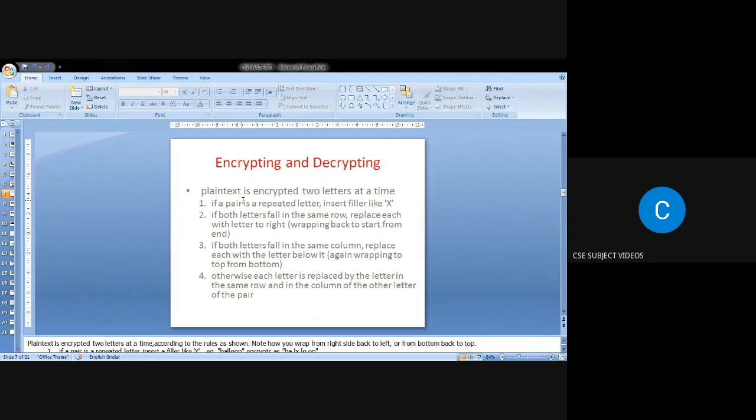That is, if the letter E is there in a pair, we check whether the other letter in the same pair is also E. It should not be a repeated letter, right?